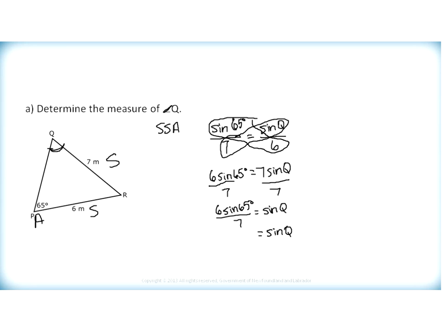On my calculator, I can type in exactly as I see it. Make sure your calculator is in degrees, little d or DEG at the top of your display. Or if it's a graphing calculator, mode, and then make sure degree is highlighted. So 6 times sine 65 divided by 7 works out to 0.7768.